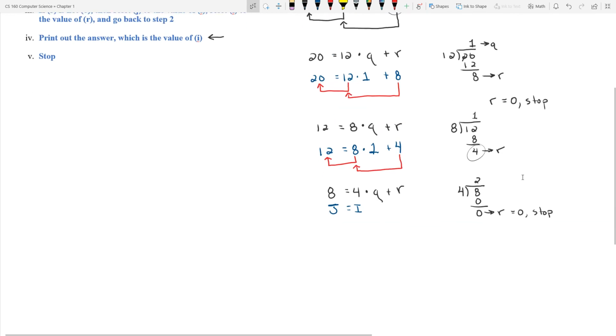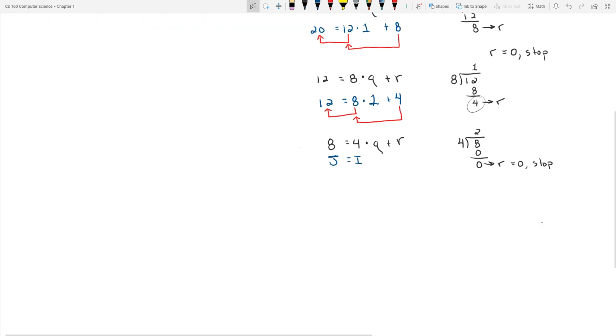And if we go back down to our formula, we can see that in that position I, that value is 4. So when we print this out, we are going to say that I is equal to 4. That is the solution for the greatest common divisor, and our program should stop.